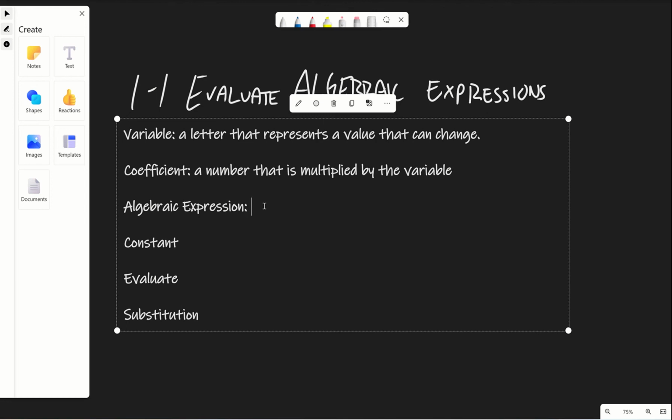An algebraic expression is a math problem that includes one or more variables. So if you have a math problem and it has a variable in it, it is called an algebraic expression.